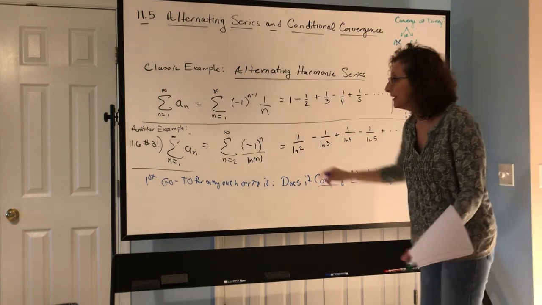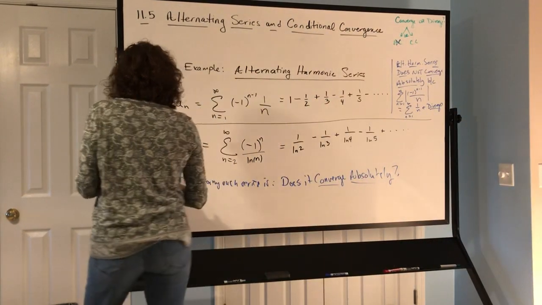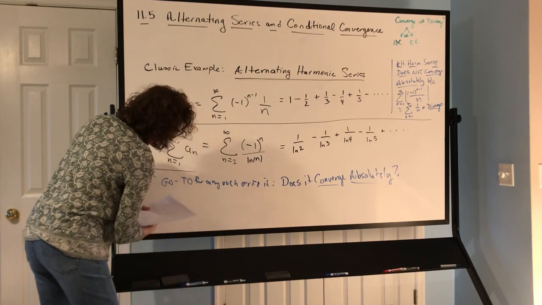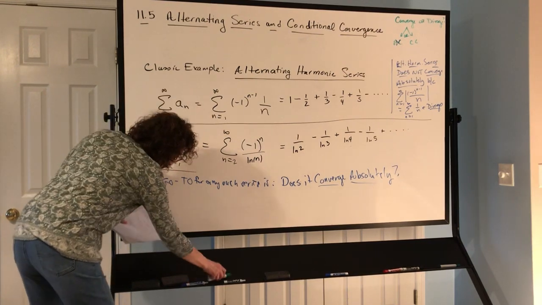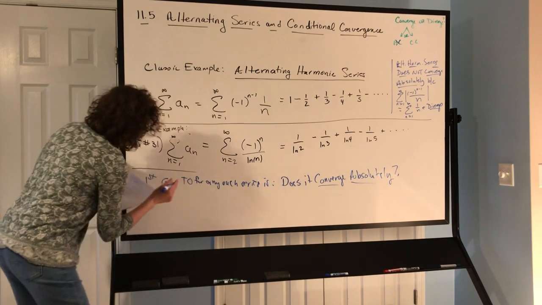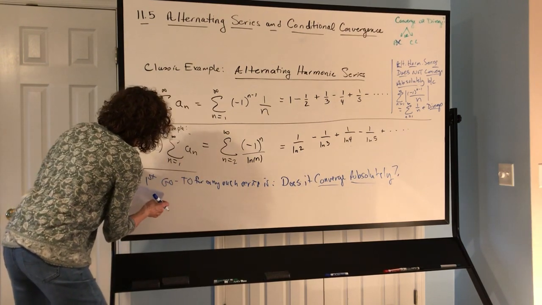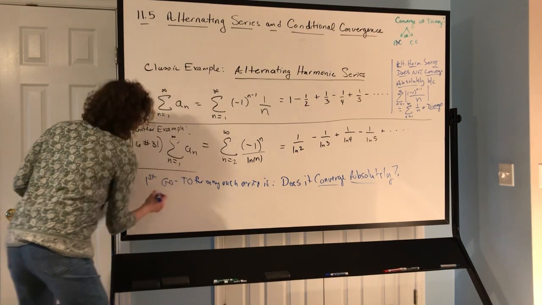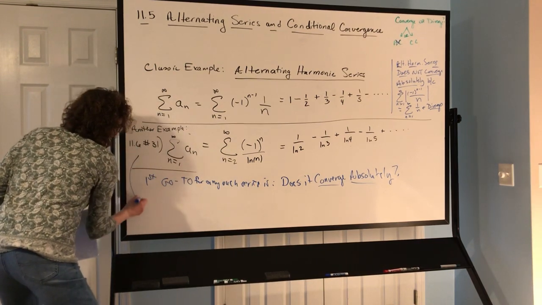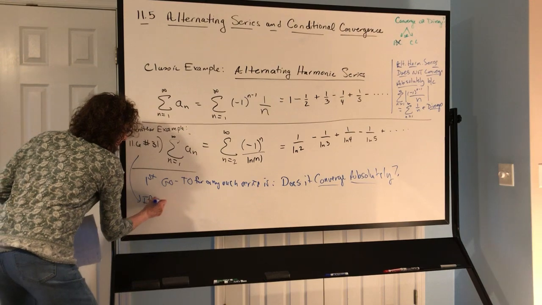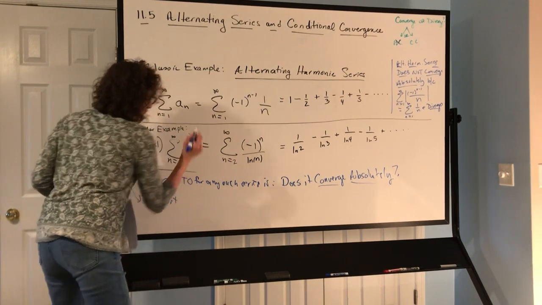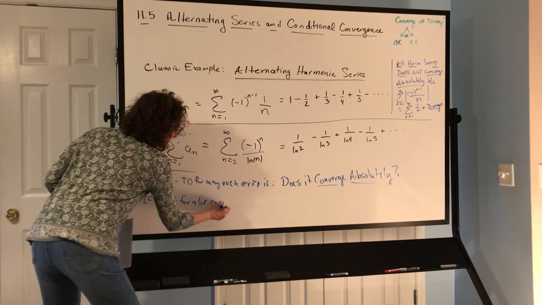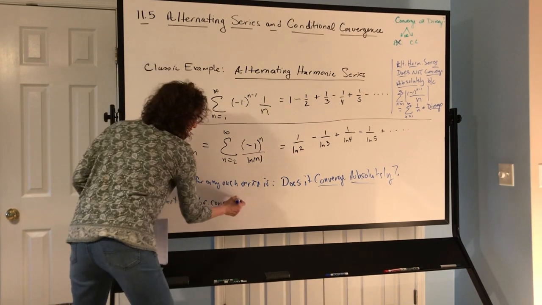What about this one, 11.6, number 31? Well, this one was one that you actually did in 11.4. So this guy, if we test this for absolute convergence, then what would we get, right?